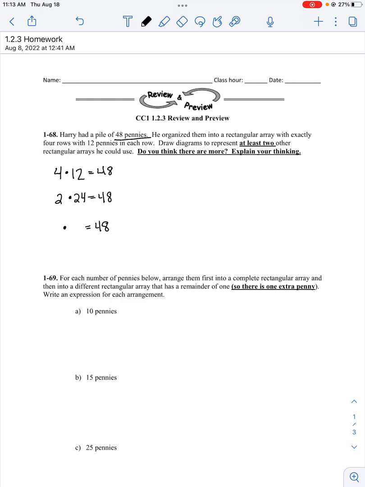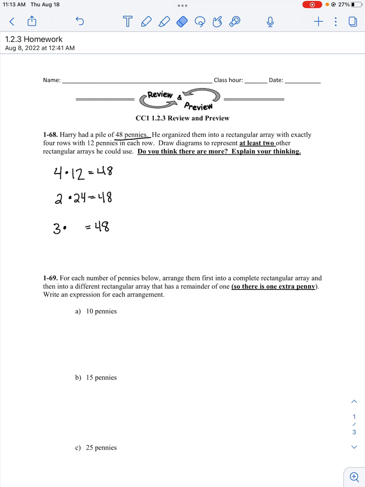And then, if you don't know this trick, pay close attention. If I take the digits 4 and 8 and I add them together, 4 plus 8, it's 12. Because 3 goes into the number 12, I know that 3 goes into 48.